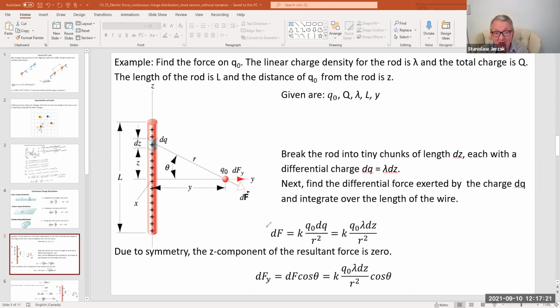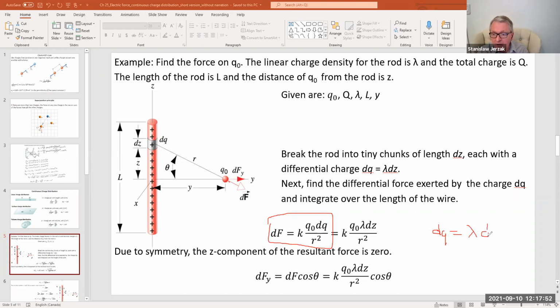So for now, I calculated that the differential force in this direction is kq0 dq over r squared. And because I designated, as I've explained, the length of this little element dz, because that element is distance z from the origin, then the amount of charge dq, remember on the previous slide, I have written that dq is equal to lambda times dl.